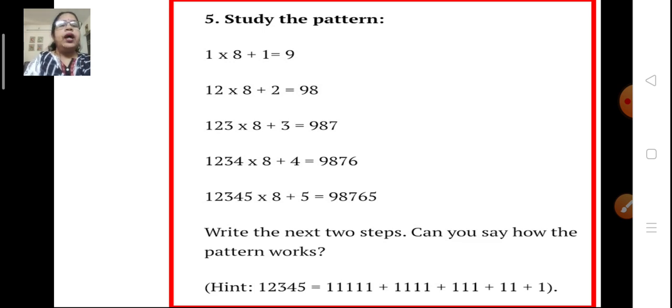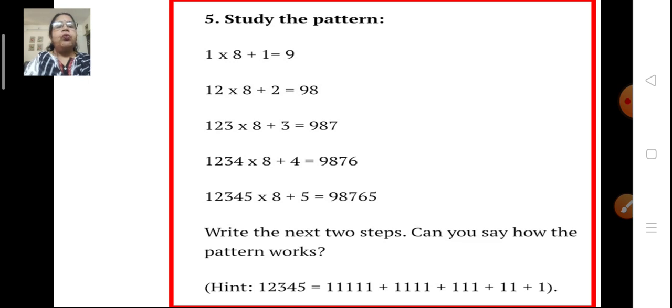It is 1 into 8 plus 1 is equal to 9. The next step is 12 into 8 plus 2 is equal to 98. Third step is 1, 2, 3, that means 123 multiplied by 8 plus 3 is equal to 987.